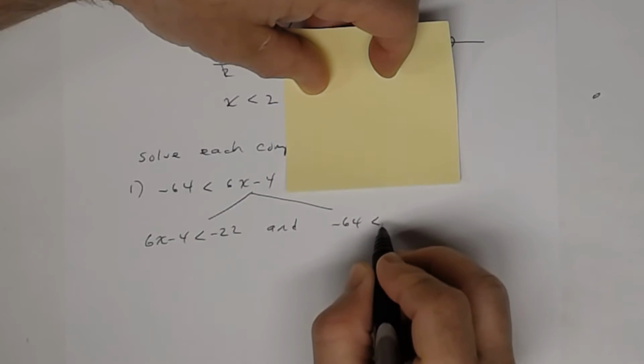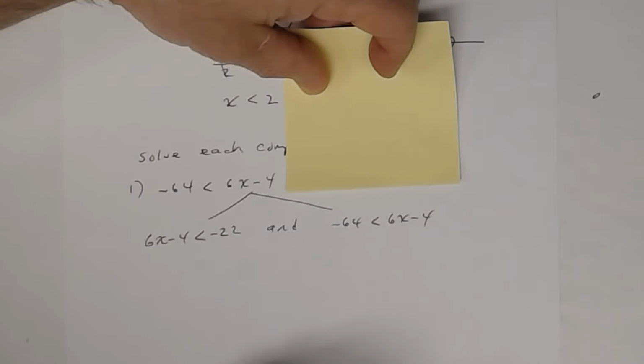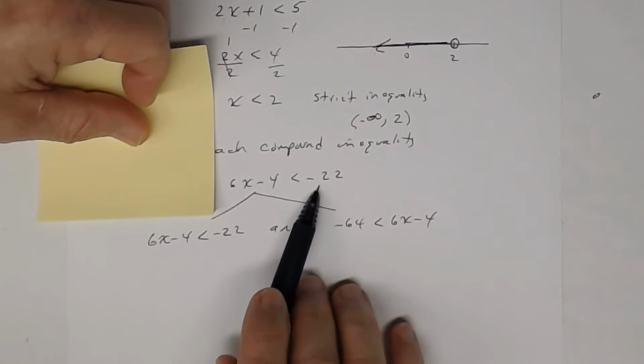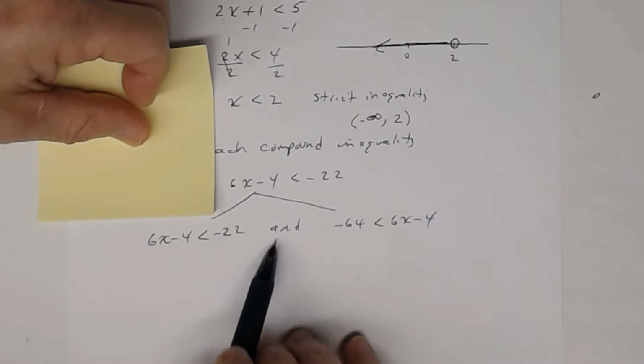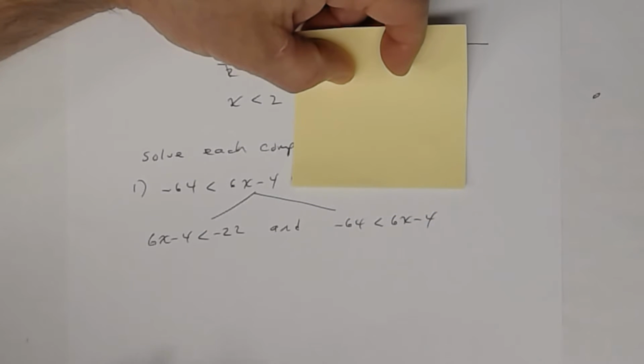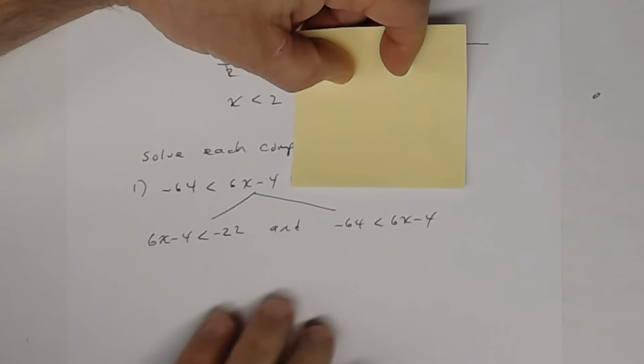Again, 6x minus 4 must be less than negative 22, and at the same time, negative 64 must be less than 6x minus 4. It doesn't matter whether you put this here or this here, it does not matter.